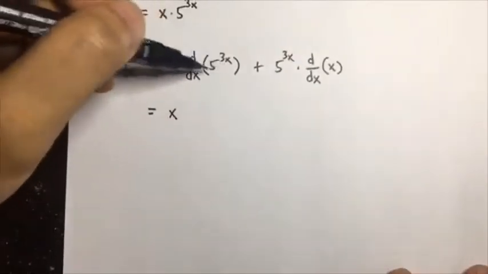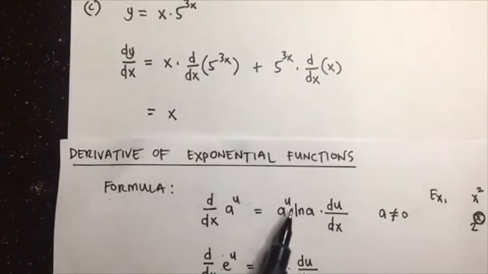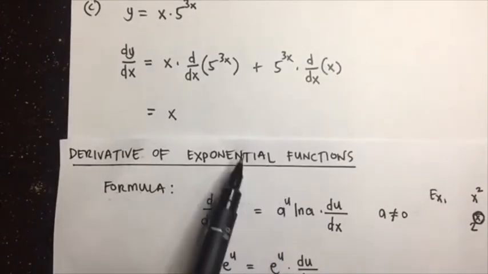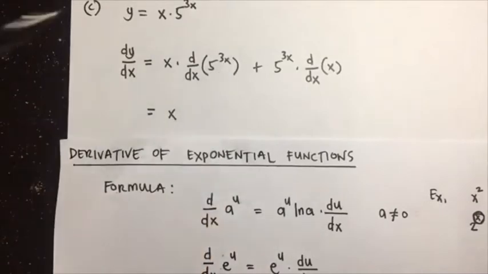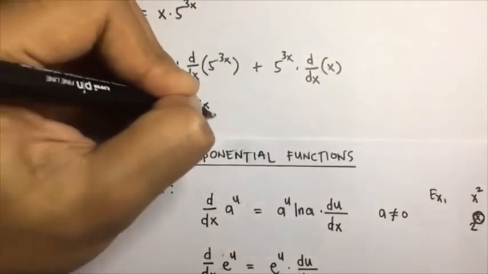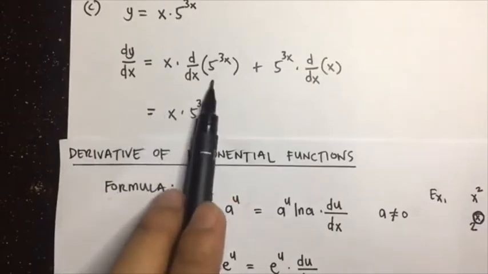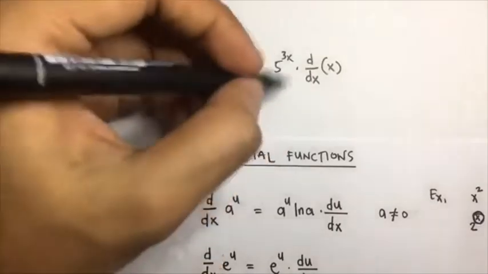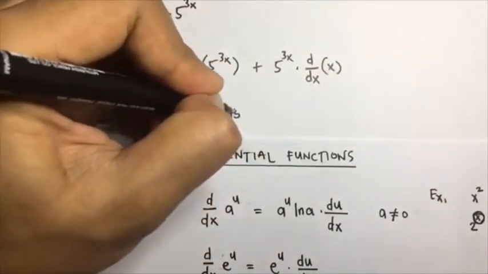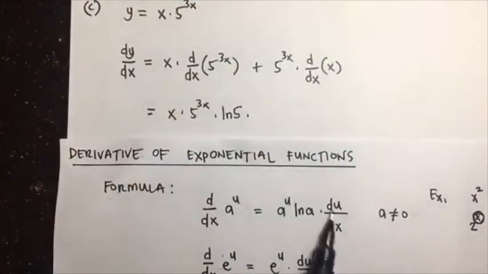So the derivative of this following the formula, we will copy a to the u. So a to the u is 5 raised to 3x multiplied by ln of a. Our a here is 5, so times ln of 5 and then times the derivative of u with respect to x.